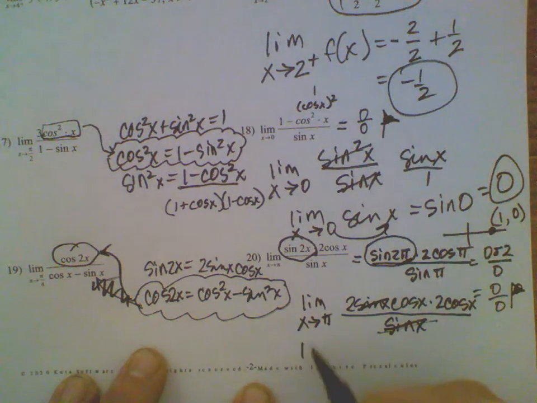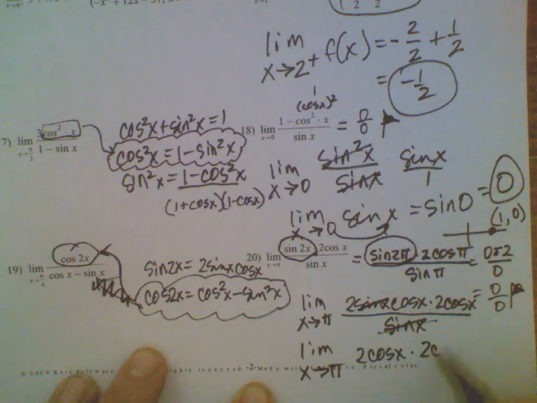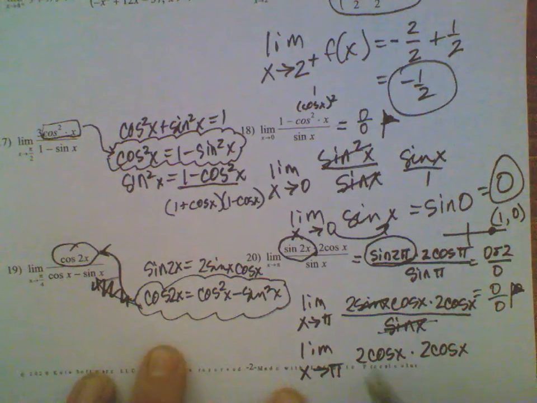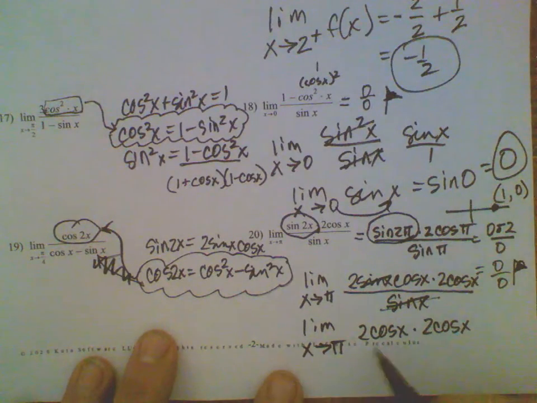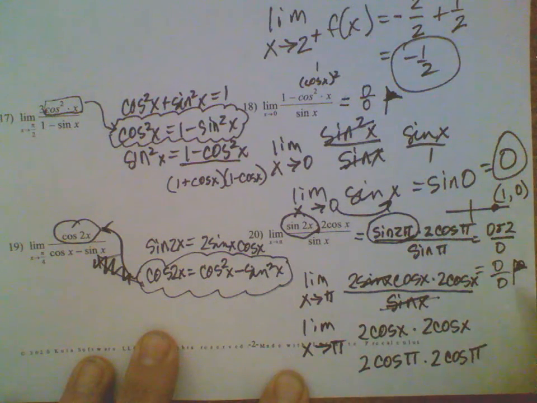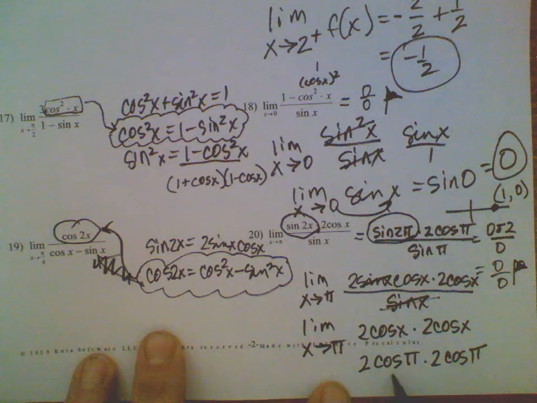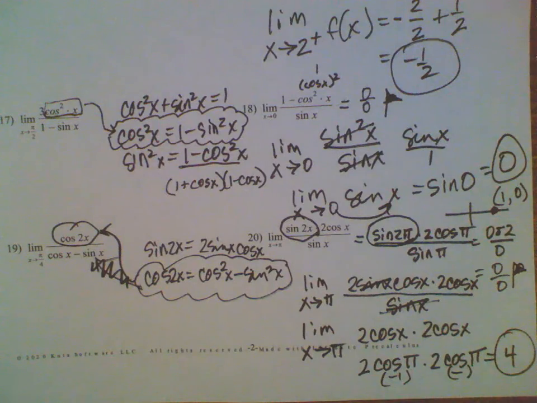I end up with the limit as x approaches pi of 2 cosine x times 2 cosine x, which by direct substitution, or direct evaluation, is 2 cosine pi times 2 cosine pi. So cosine of pi is negative 1. And we'll end up with 2 times negative 1 times 2 times negative 1, or positive 4 for our final limit.